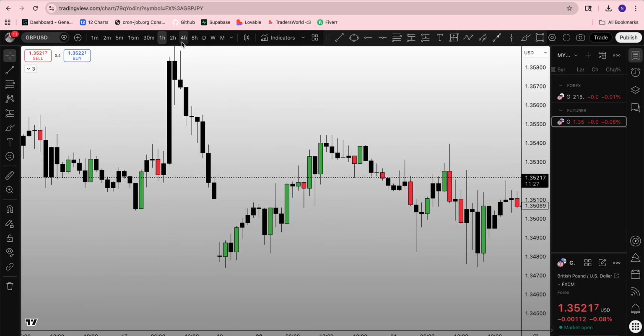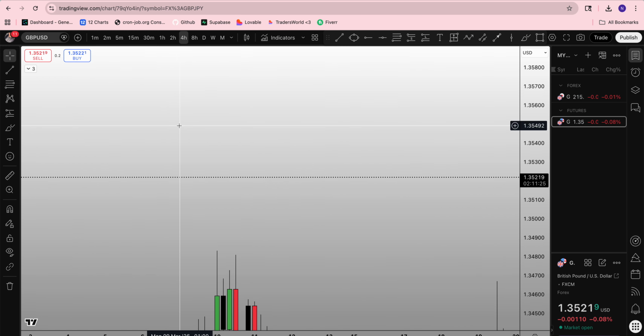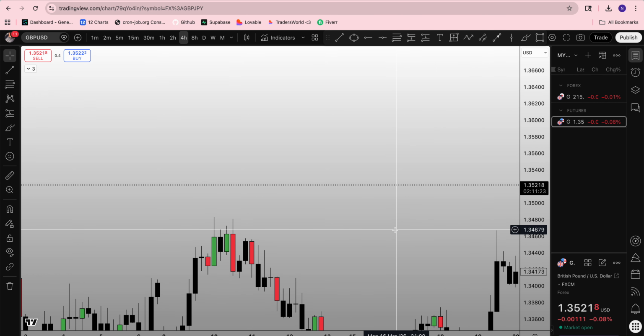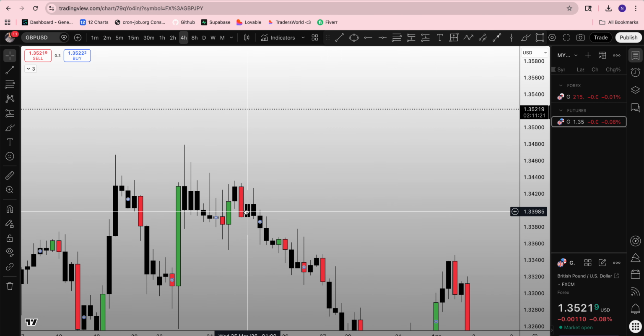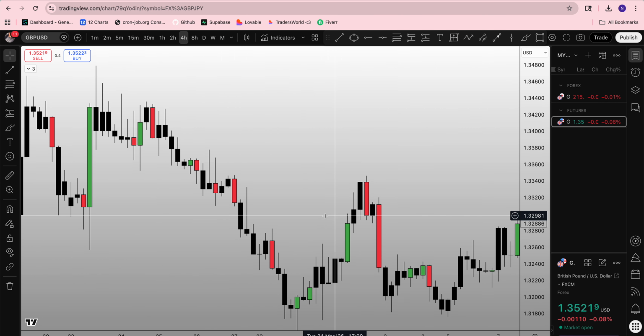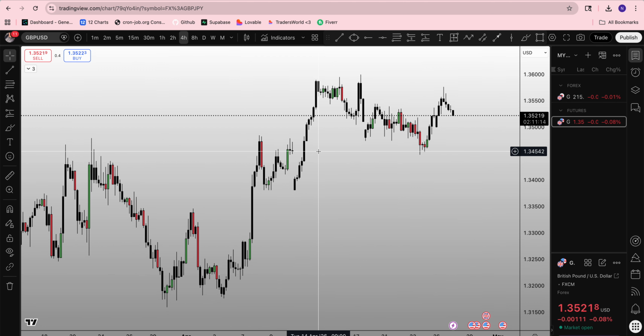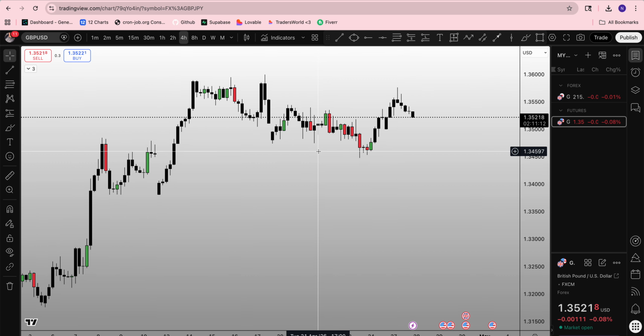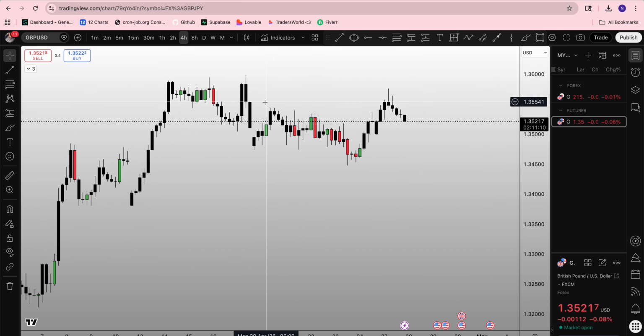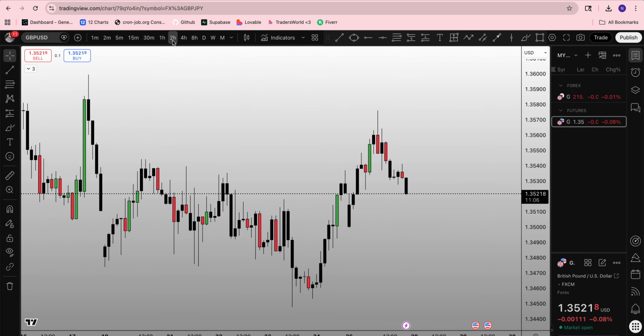So I didn't see anything on the 4 hour. Hold on. Where were we? Where's price? Let's just refresh it. Okay. So I didn't see anything on the 4 hour that looked really good and telling besides this candle, but just not enough for me to dive deeper in it. So I went on the 2 hour.